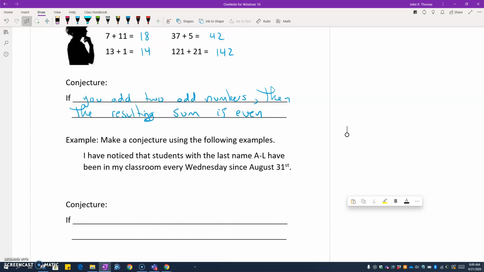Another example of making a conjecture uses the following examples. I have noticed that students with the last names A through L have been in my classroom every Wednesday since August 31st. So this is another example where I'm drawing a conclusion based on the evidence I've seen before.